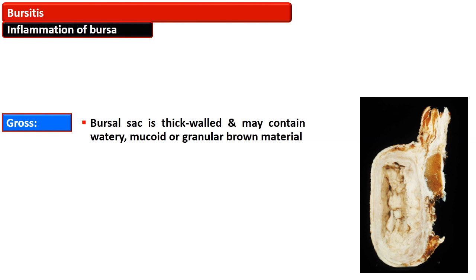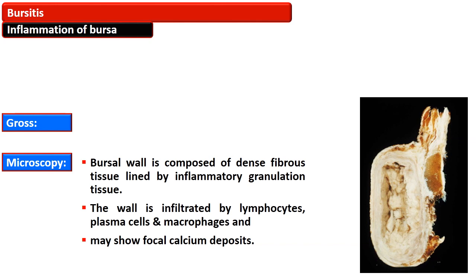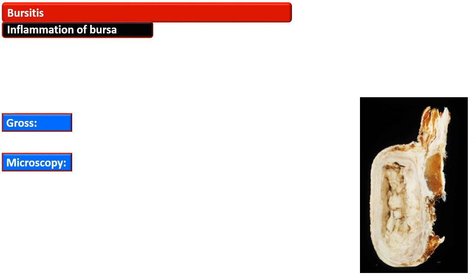granular brown material. Then on microscopy, the thick wall is fibrous and is lined by inflammatory granulation tissue. There is an abundance of lymphocytes, plasma cells and macrophages, and there can be deposition of calcium.